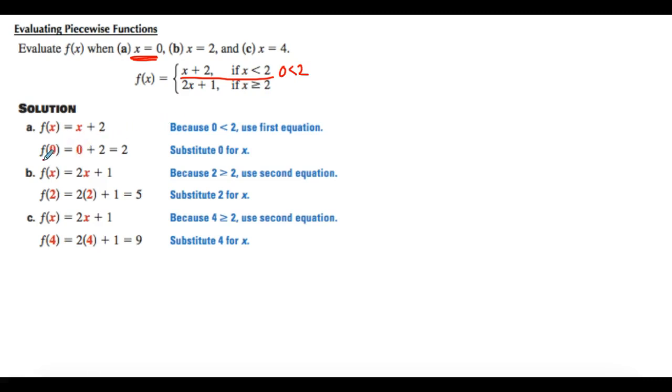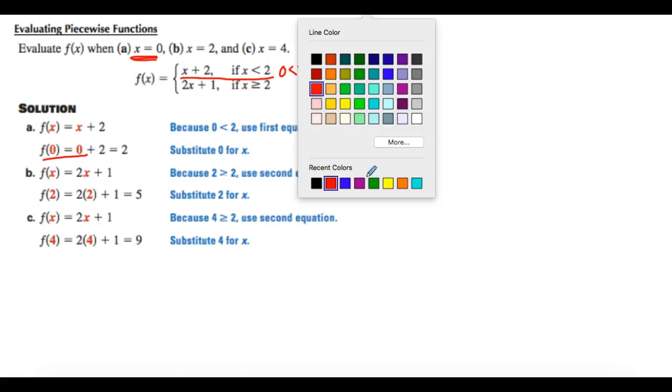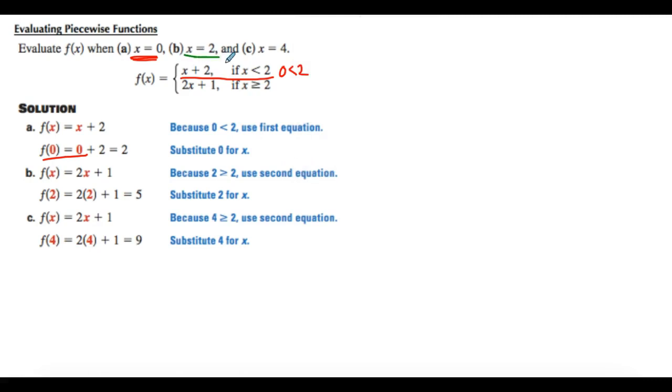So you can see that we take 0, replace x, 0 plus 2 would be 2. As mentioned on the previous screen, if x is equal to 2, that would be this bottom one because that's where it has the equal sign. And that would be this math here. And then again, the 4 fits in that second domain as well because 4 is more than 2, and so that's why we would substitute it in there.